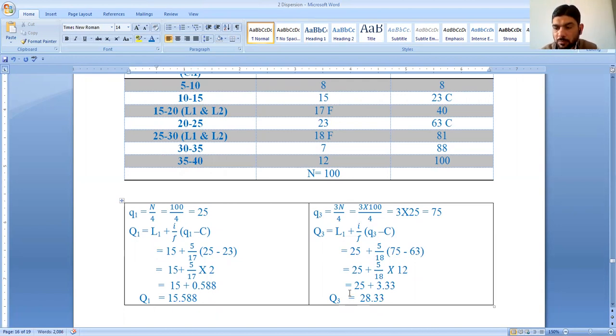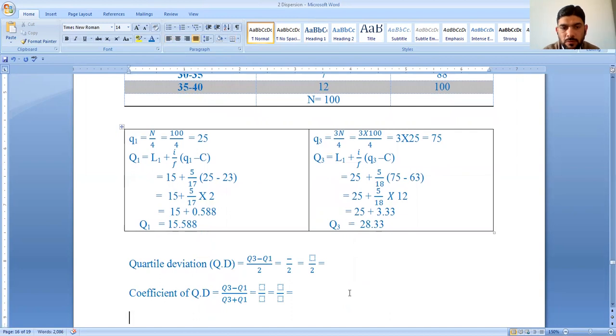Now we have to find out QD and the coefficient of QD. For QD we apply the formula Q3 minus Q1 upon 2.